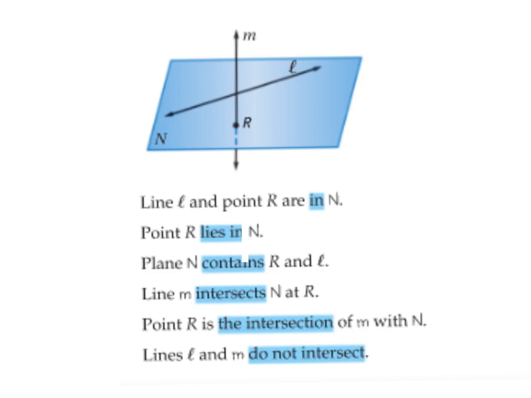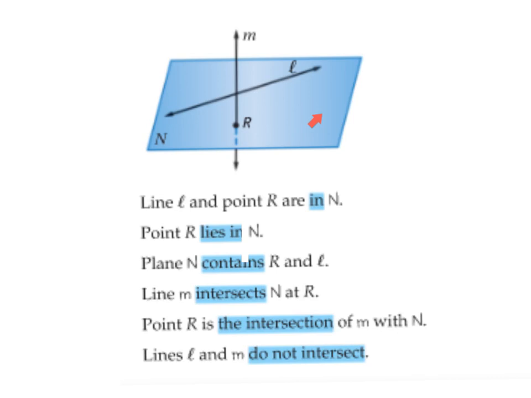It's like a line over here and then a line that goes through the plane at a different point. So we have line L and point R in plane N. This point R and this line are in the plane.